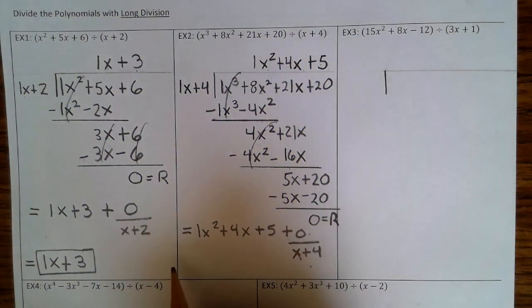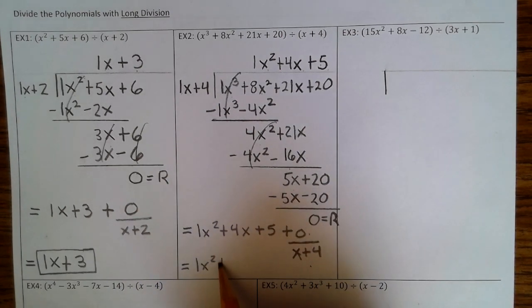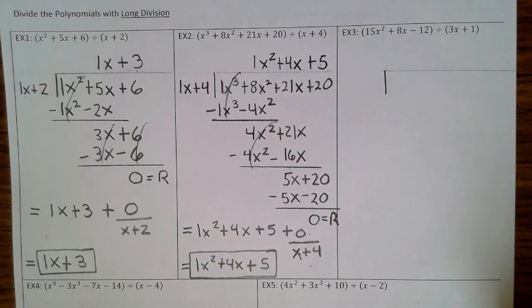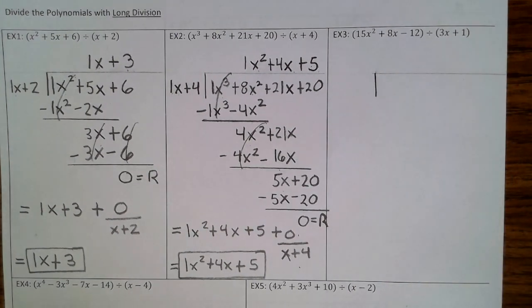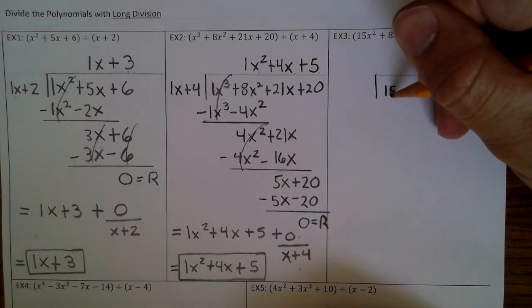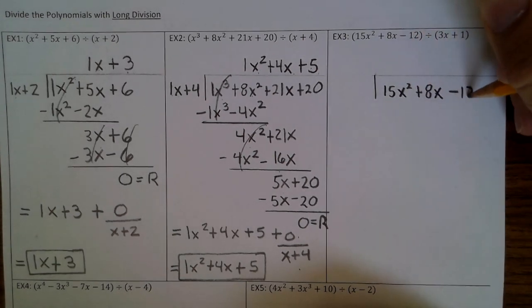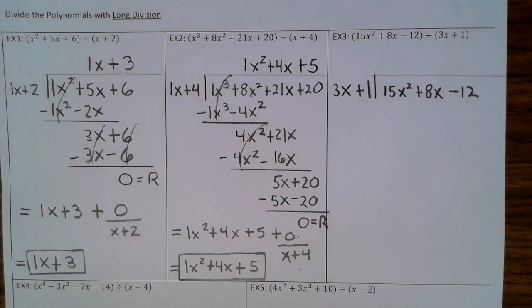Now, that's just 0, so your answer is 1x squared plus 4x plus 5. Okay, finish up example 2. All right, let's take a look at example 3. Okay, so we're going to take 15x squared plus 8x minus 12 divided by 3x plus 1.